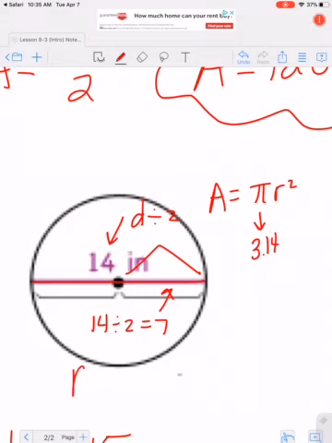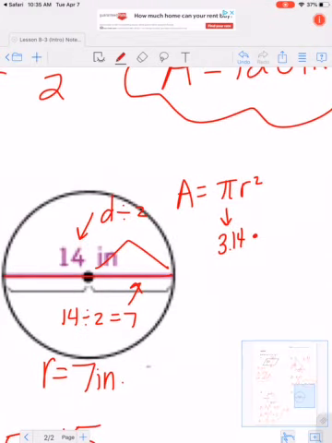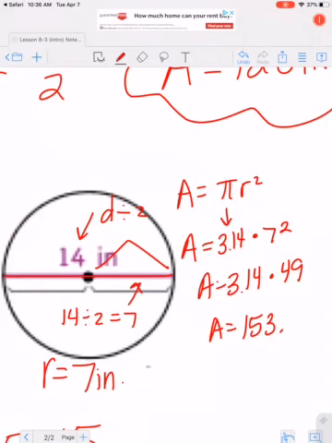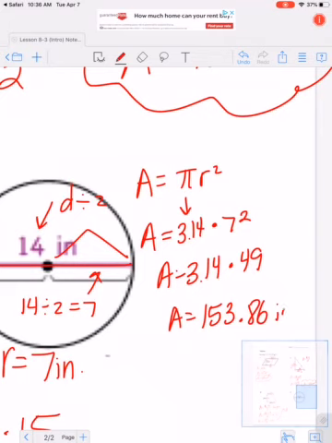So our r is equal to 7 inches. So I'm going to do 3.14 times my 7 squared. A is equal to 3.14 times 49. So in the end, my area is going to be 153.86. And then remember, area is inches squared.